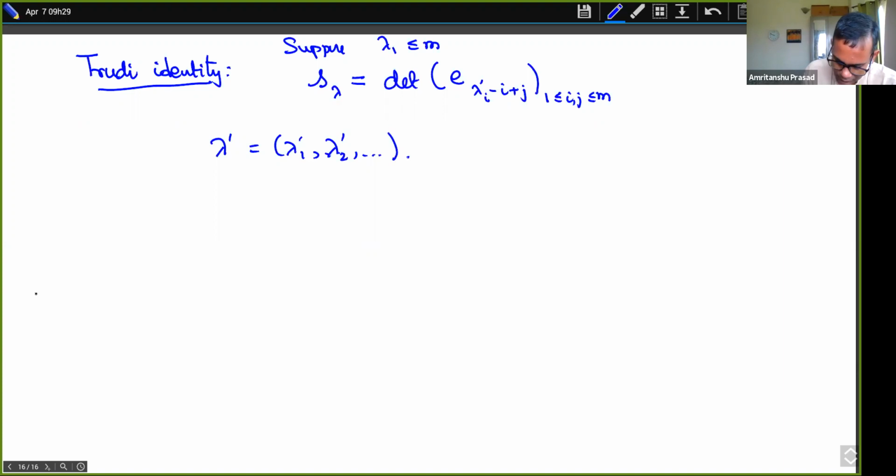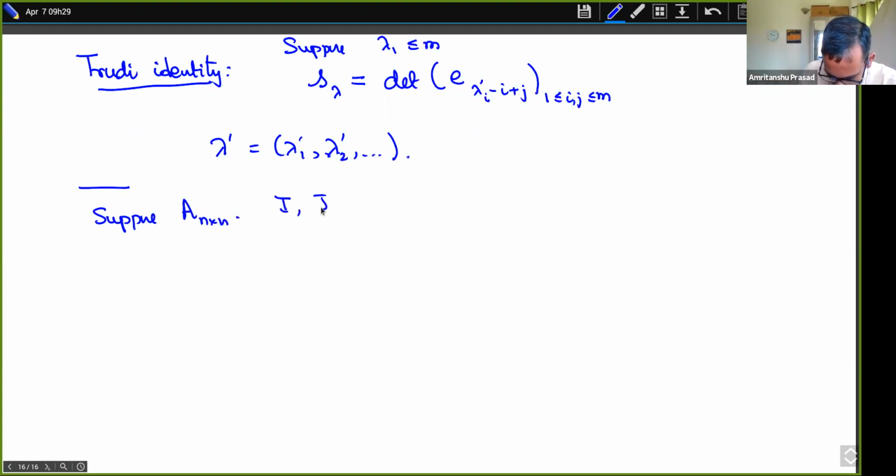And to prove this, we will use a result from the theory of minors of a matrix, or determinant theory. So let's first introduce some notation. Suppose A is an n by n matrix.